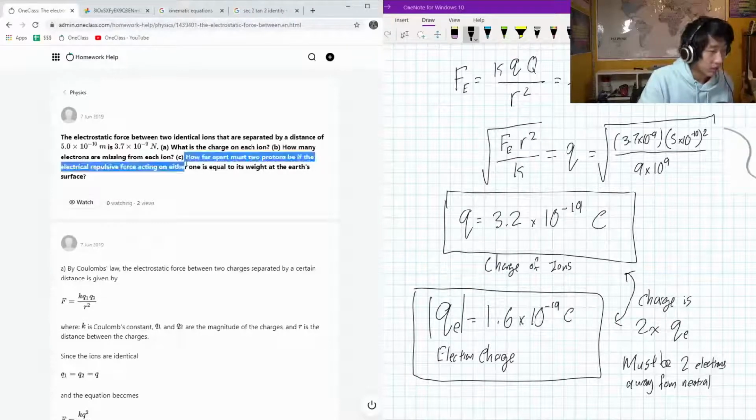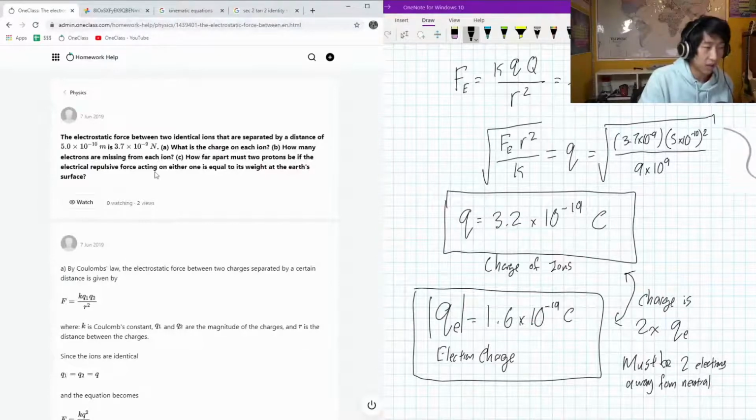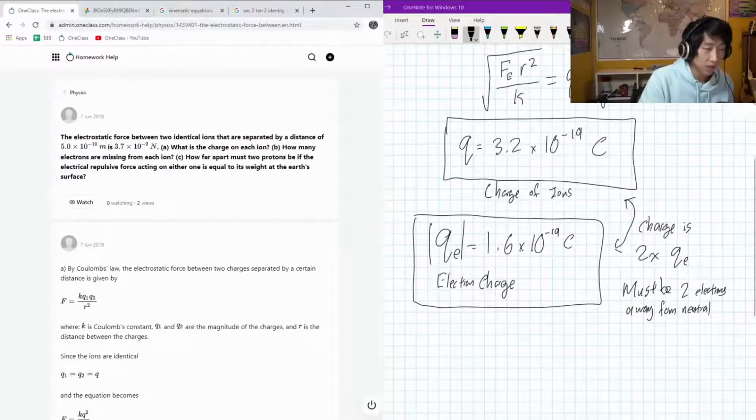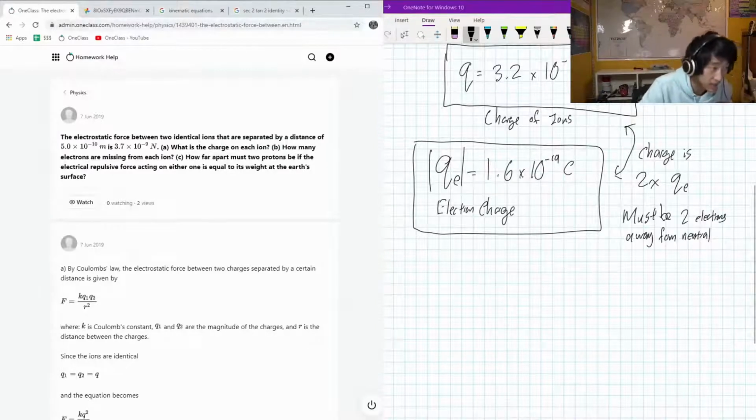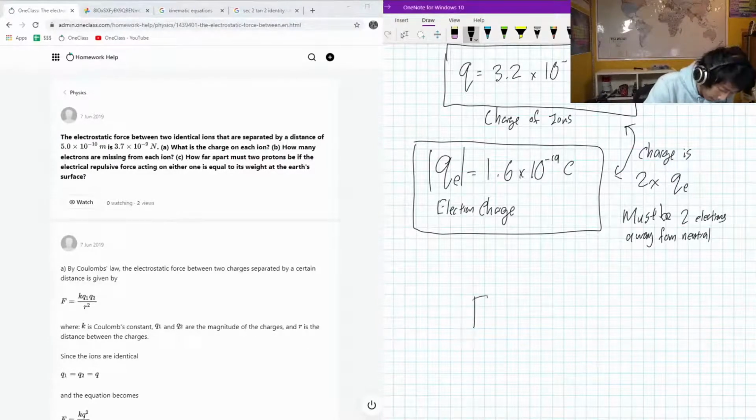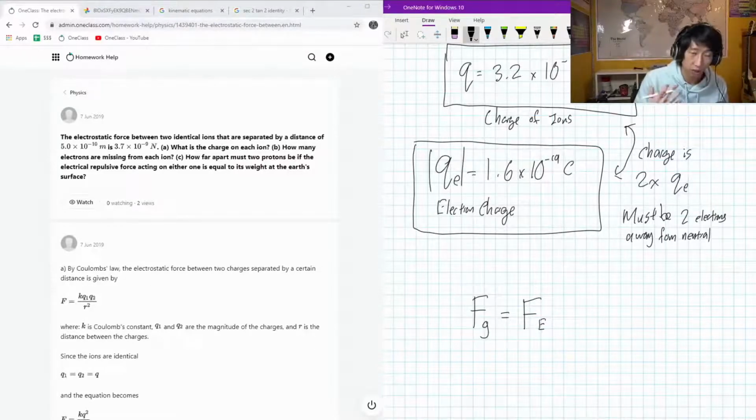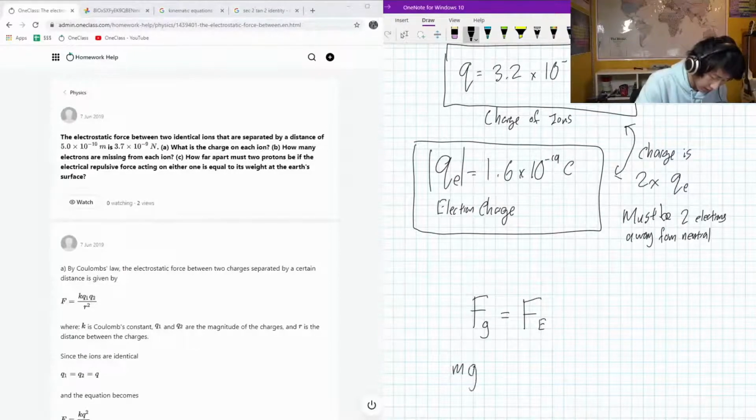Okay, the next part of the question is, how far must 2 protons be if the electrical repulsive force acting on them is equal to its weight on the Earth's surface? So this is what part C of this question is asking us: the force of gravity on a proton is going to be equal to the electrical force of repulsion between 2 protons. We know that the gravitational force is just mass times the acceleration due to gravity, and this is going to be kq squared over r squared.